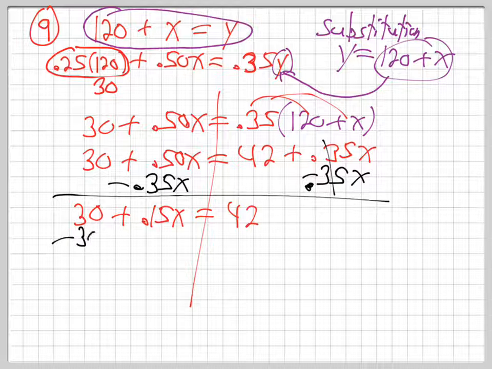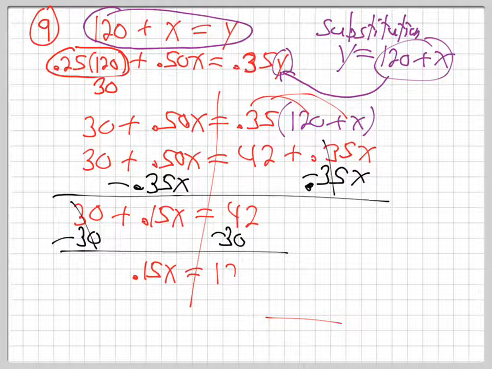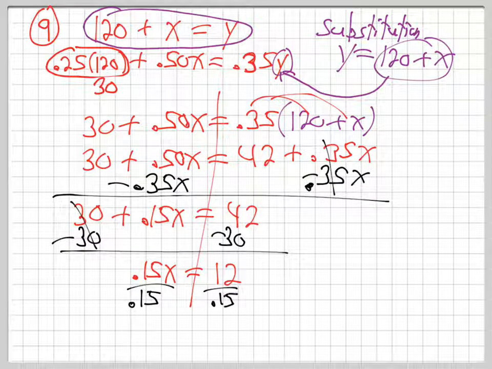Now we're almost there. Subtract 30. 0.15x is what, 12? Divide by 0.15. So 12 divided by 0.15 is 80.